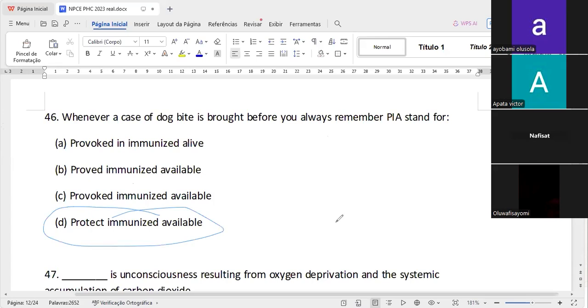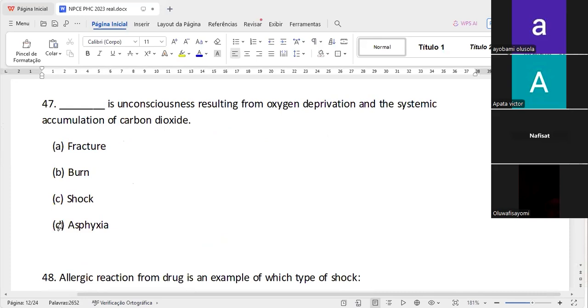Although the grammar seems somehow off, asphyxia is unconsciousness resulting from oxygen deprivation and systemic accumulation of carbon dioxide.